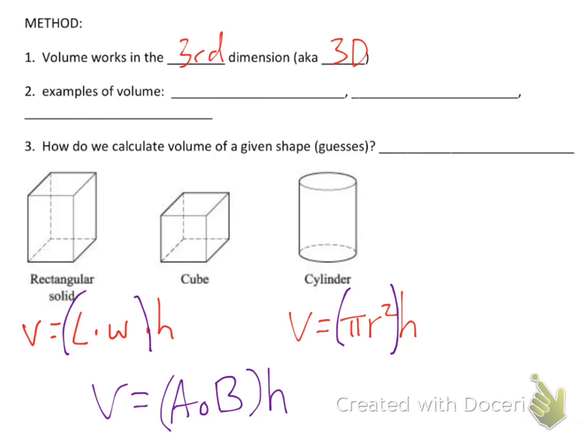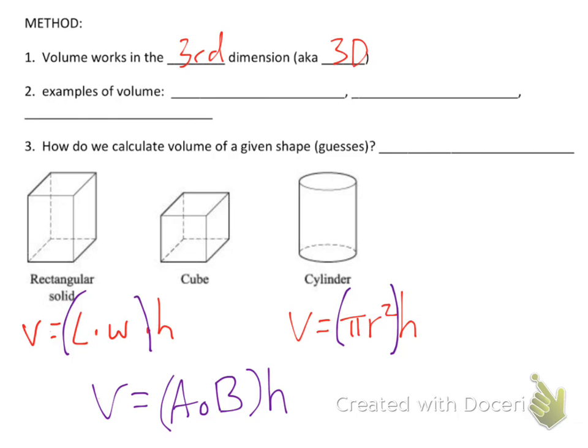Guys, when we talk about area, area has absolutely no height to it. When we draw these figures or lines on the board, they take up no space. We have an area, that's a length times a width on a board.